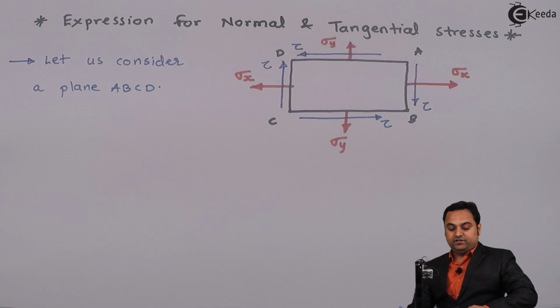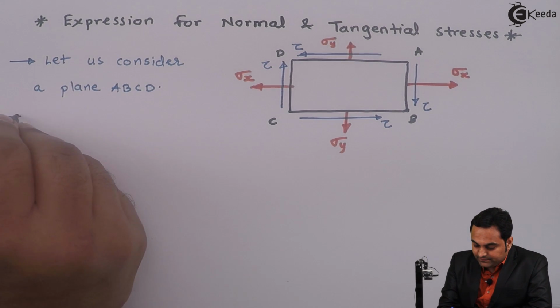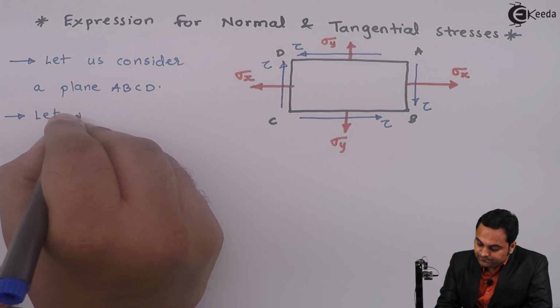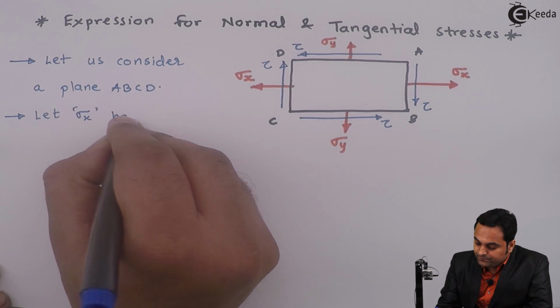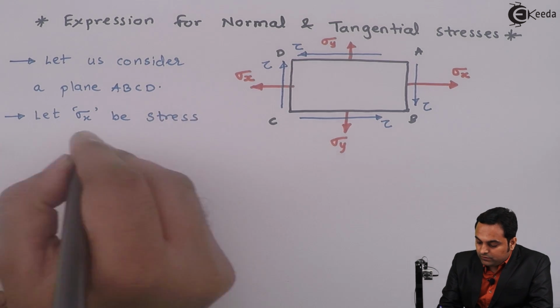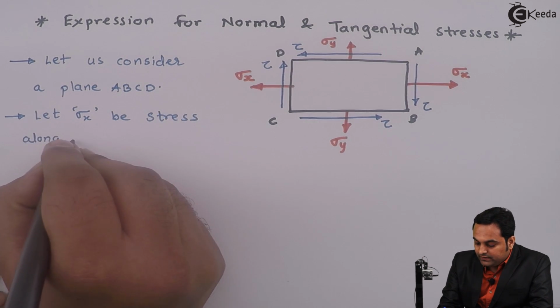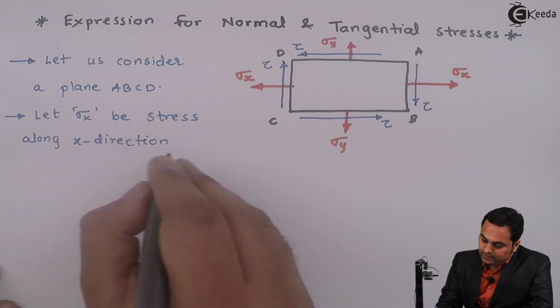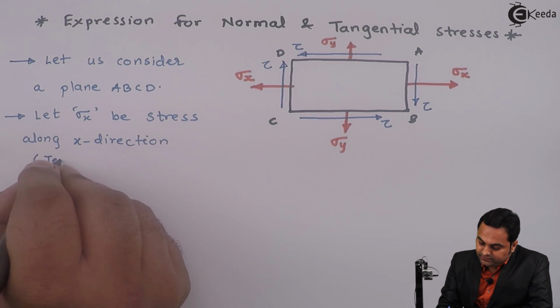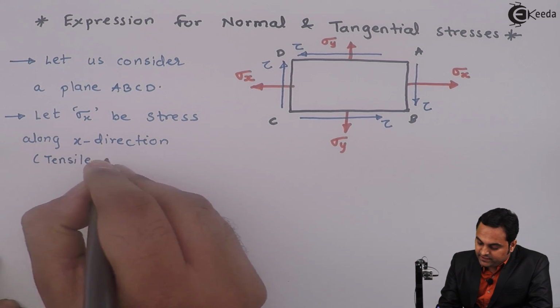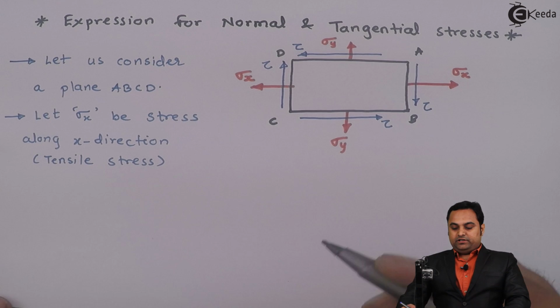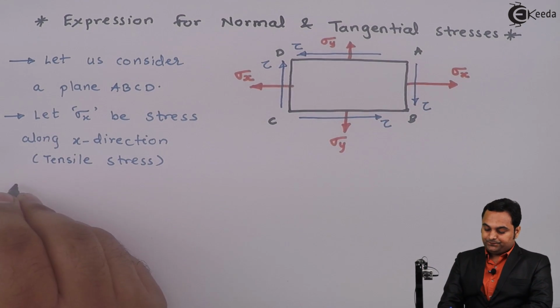So, after I have considered the plane, I'll say that let sigma x be stress along x direction, and this will be tensile stress as per our assumption. Next, similarly, I'll write for sigma y.